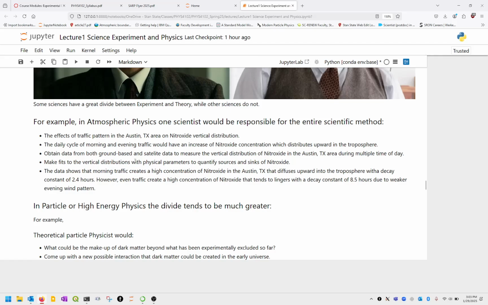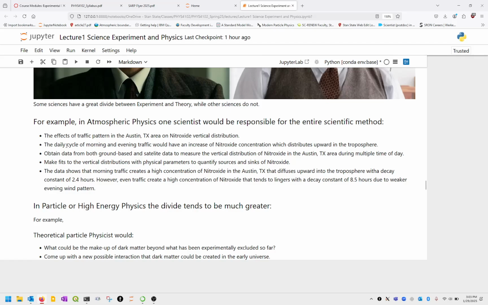Let's say someone has an observation, to figure out the effects of the traffic pattern in Austin, Texas, on the nitroxide vertical distribution. This is a science question also.